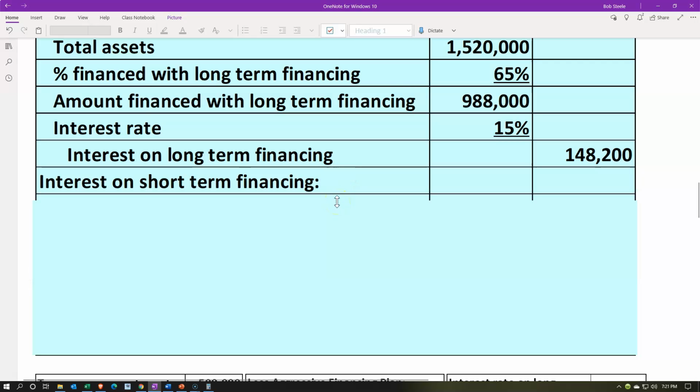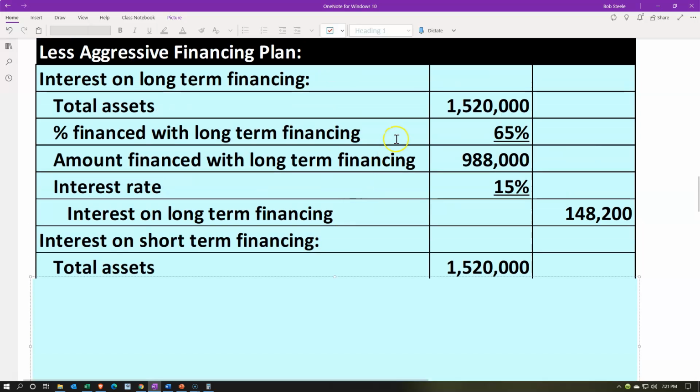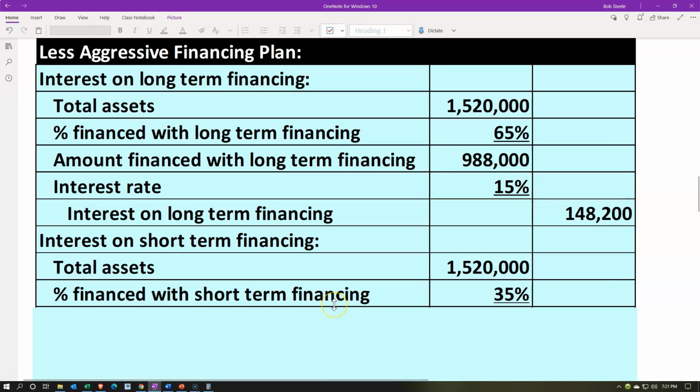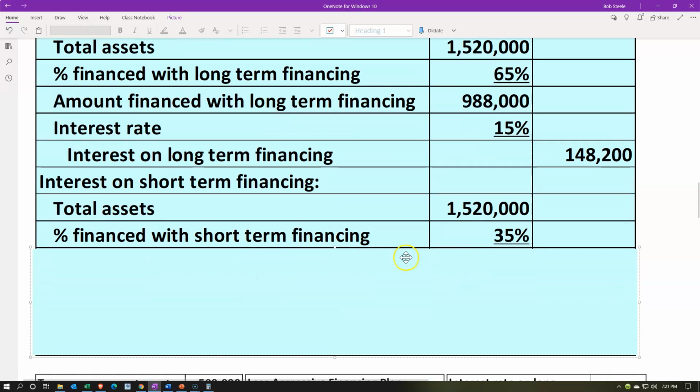Then we consider the interest on the short-term financing, which would be total assets. I'm going to pick up the total assets here and do our calculation. We're going to say 35% is going to be for the short-term financing, simply gotten to by saying that if 65% is long-term and we're financing the entire thing, which is our assumption here, 100% minus the 65% would be the 35%.